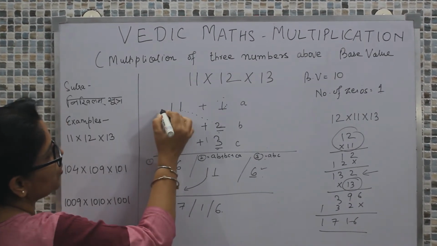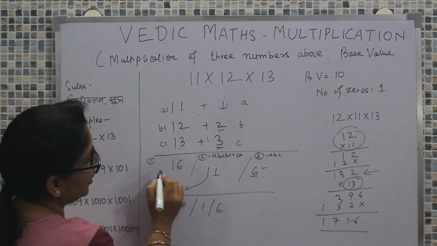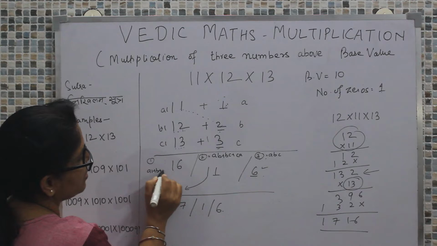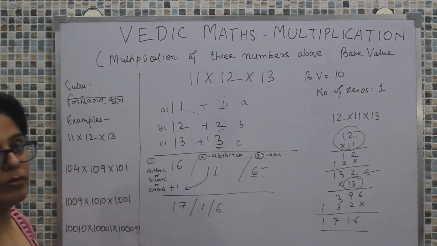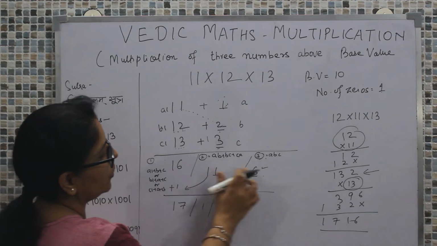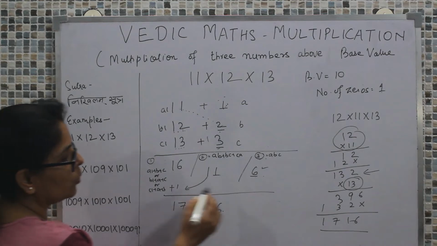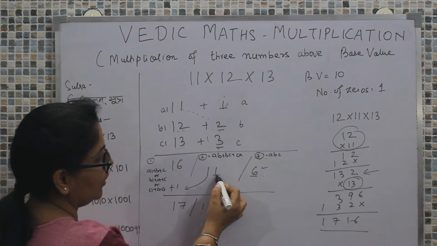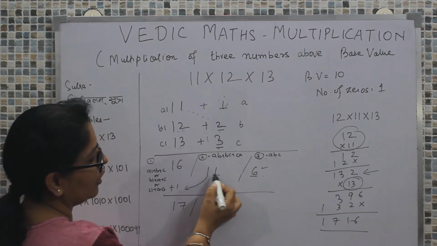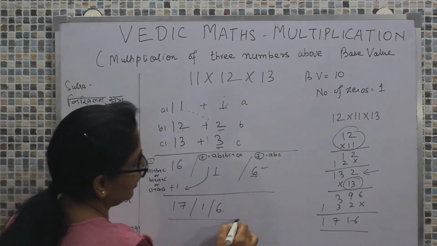And for computing the first portion, if we write this as A1, this as B1 and this as C1, we have A1 plus B plus C, or B1 plus A plus C, or C1 plus A plus B. Once we have computed all the three segments individually, we need to make out how many zeros. Depending upon those zeros or number of places, here we have a single place, we have only 6. Here we have a single place but we are having a value of 11. So 1 has to be considered into the first component and added over there.